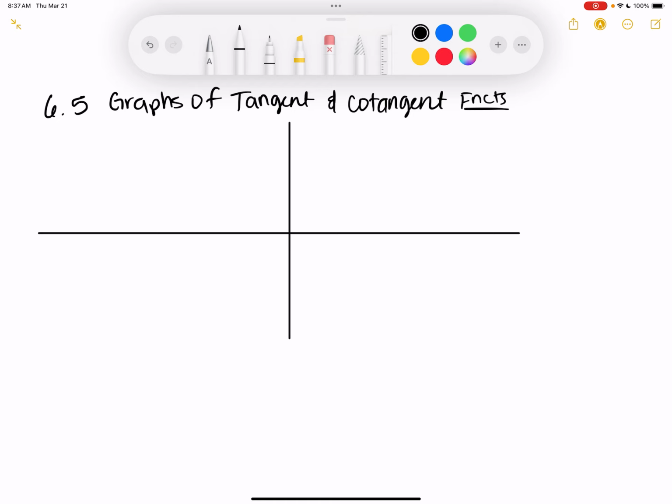It's still going to go out to 2 pi in both directions, so negative 2 pi to 2 pi. And tangent and cotangent functions don't have amplitude, so you don't need anything on the y-axis for these ones. So I'm going to do tangent first.